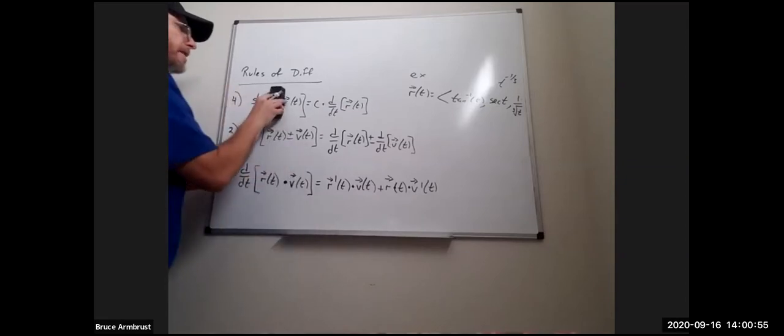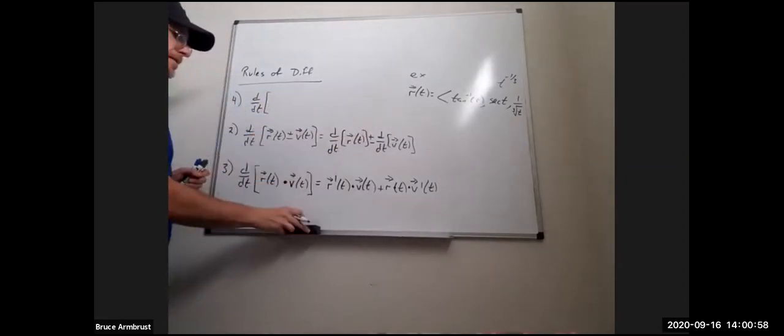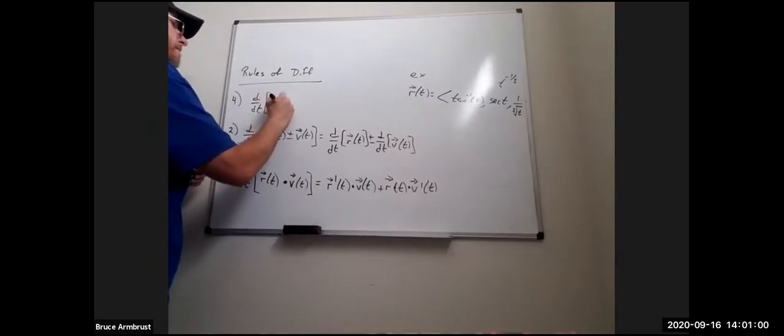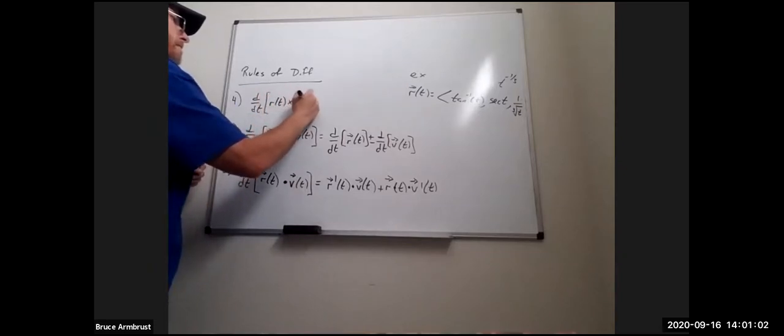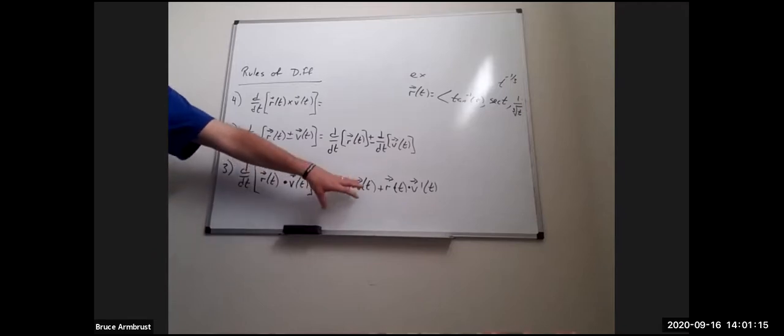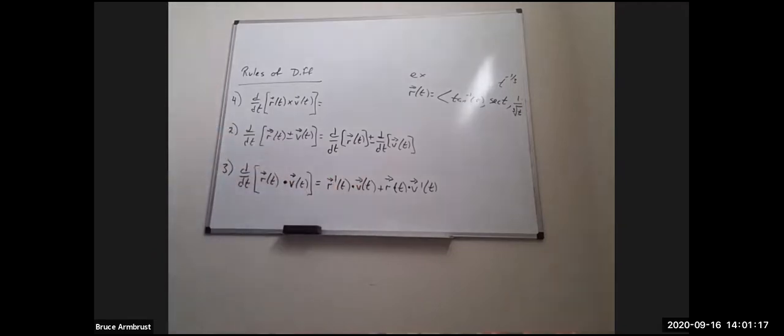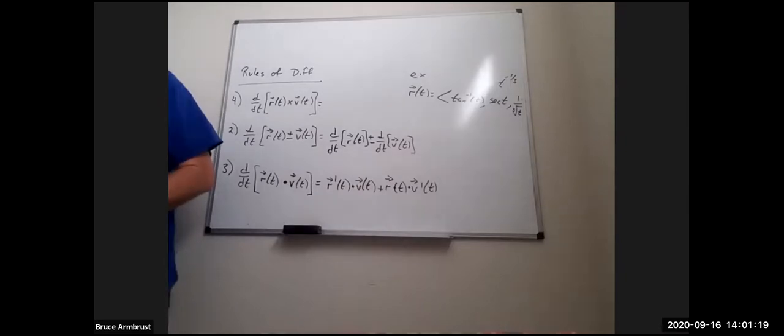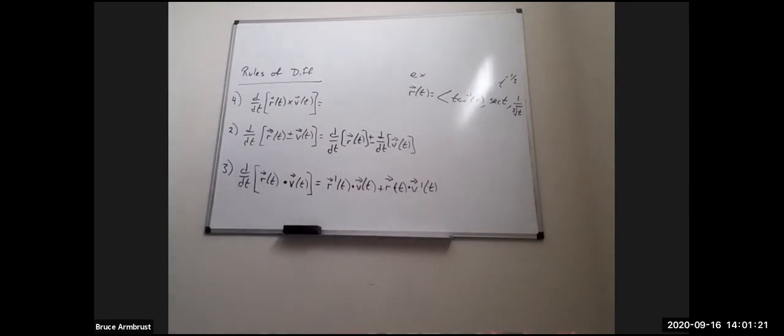So let me give you number 4 here. It is going to be a cross product. So the question is, which one do you differentiate first, right? What order do you do the crosses and all that sort of thing? For the cross product, it actually looks exactly the same as what I wrote for the dot product.